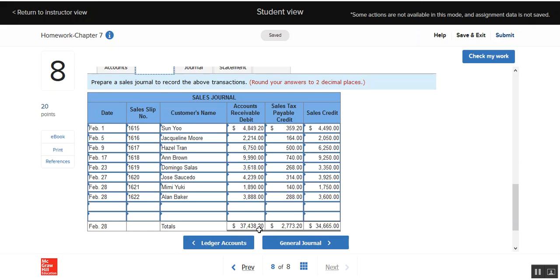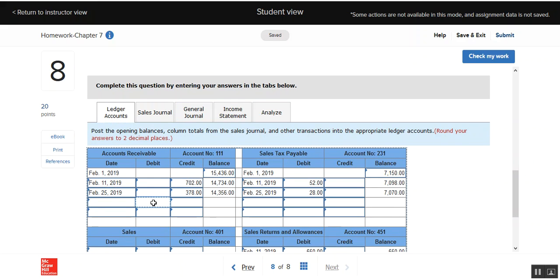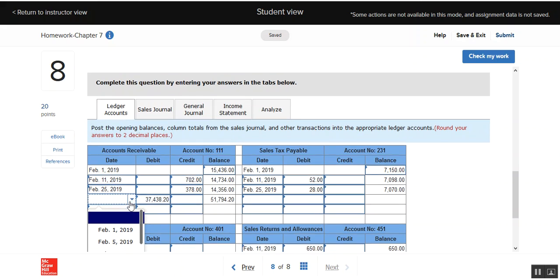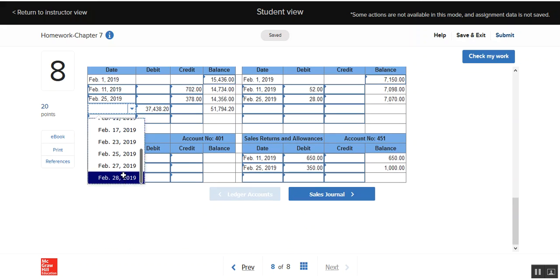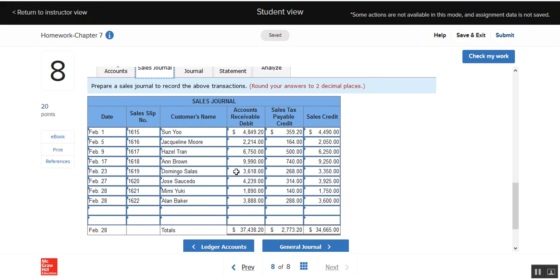So we're going to take that entire amount and post it in our ledger. So $37,438.20. And we post on the last day of the month, because we're doing this monthly. And so that gets that column.